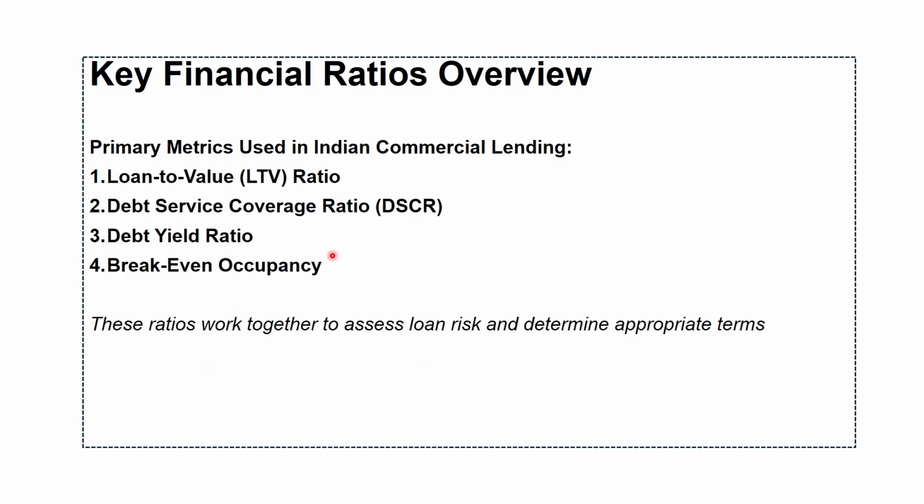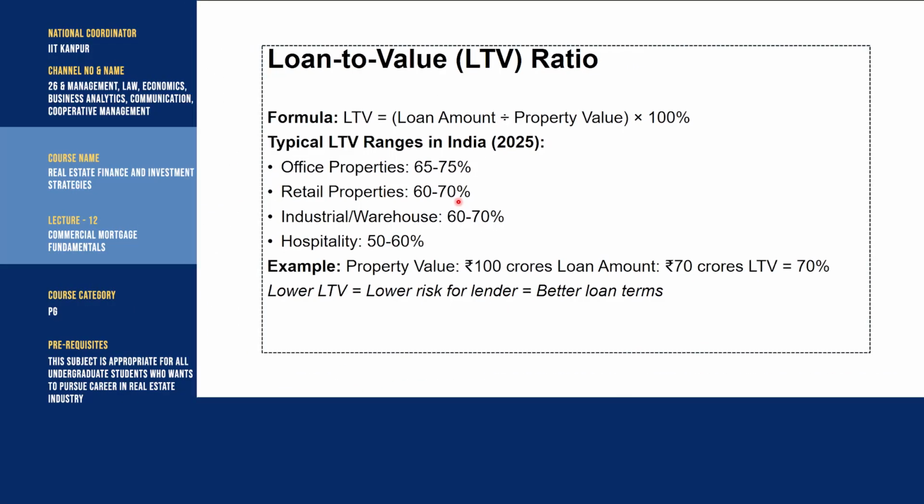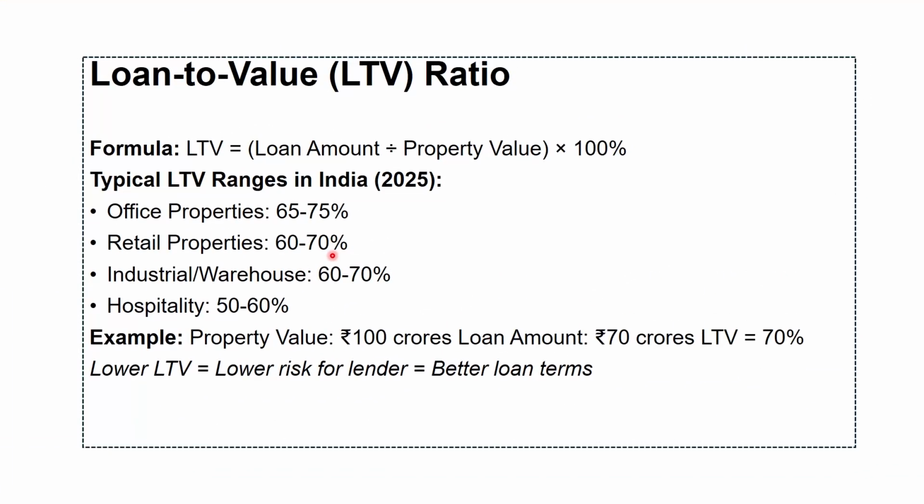Then we move to loan to value ratio and understand its meaning. LTV is loan amount divided by property value times 100%. Commercial LTVs are 60 to 75%, and they are lower than residential at 75 to 90%.